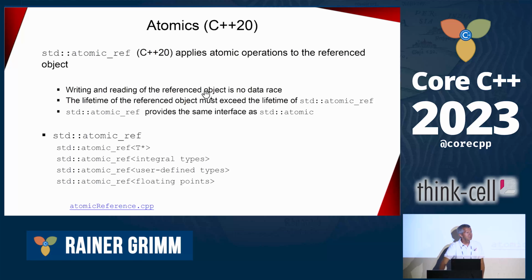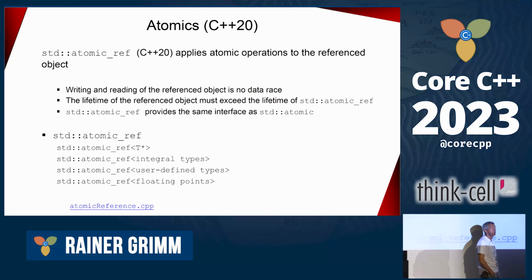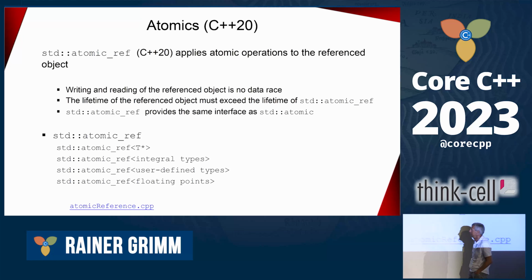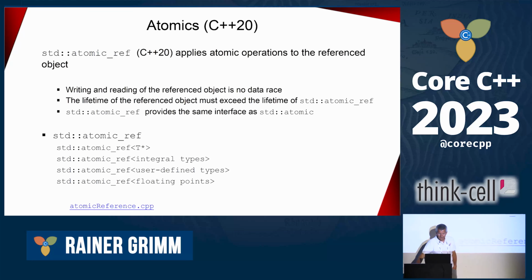And accessing the referenced object is no data race. This is atomic ref. And once more, it supports the interface of std::atomic, so it is lock-free and all the stuff. Load, store, compare exchange strong, compare exchange weak, exchange, and what else. Let me show you an example.